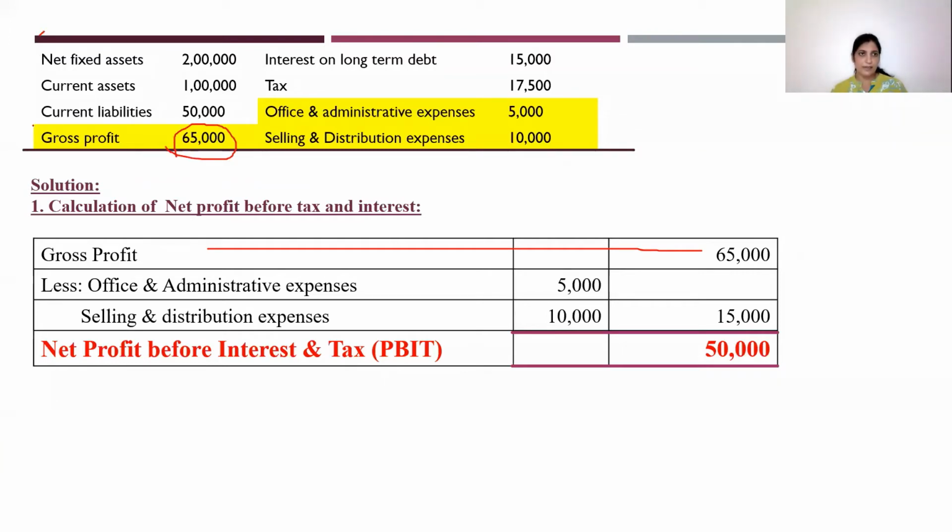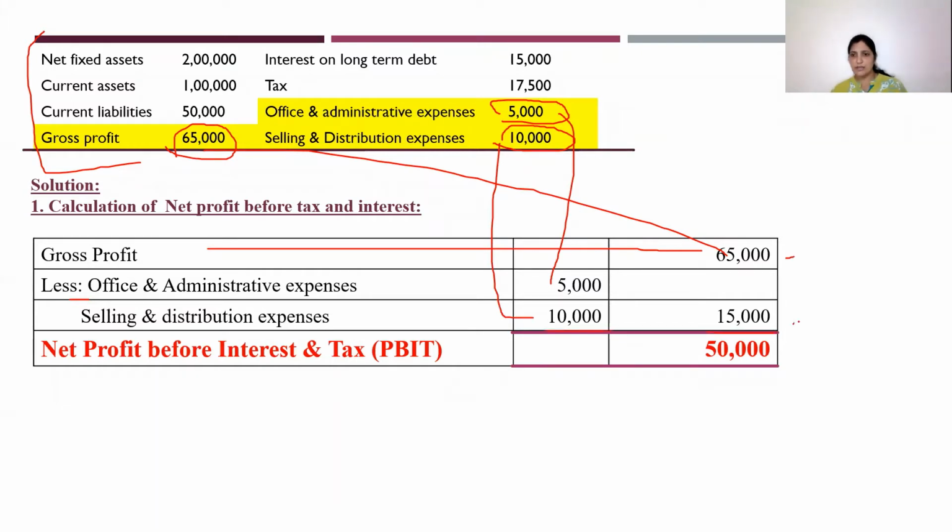From this, we are going to reduce office and administrative expenses, that is 5,000, and selling and distribution expenses, 10,000. So the total of this is 15,000. So 65,000 minus 15,000, you will get 50,000. This 50,000 is net profit before interest and tax, PBIT, right? I'll go for the next one.